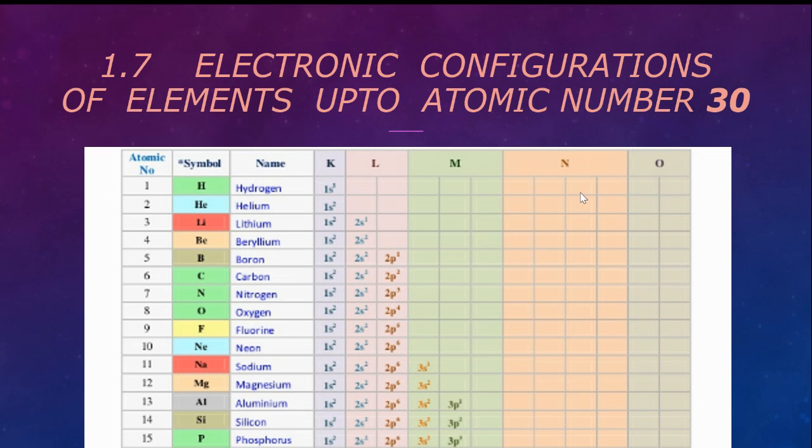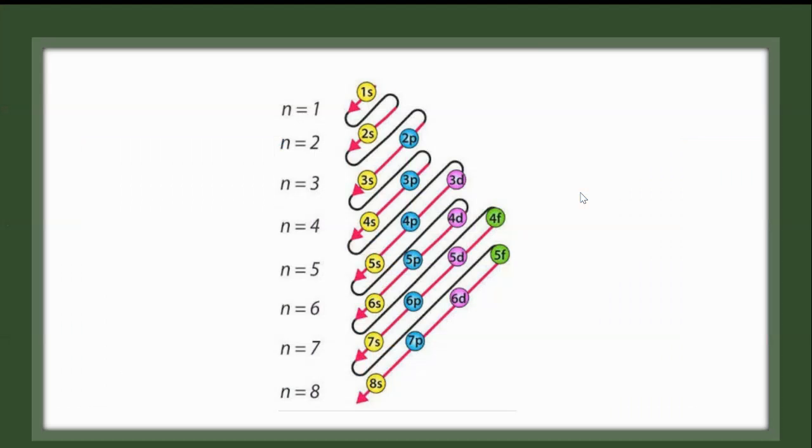To write the electronic configuration, the easiest way is following the Aufbau diagram. Using this diagram, we can write the electronic configuration of any element with a bigger atomic number. With this, we have completed these topics of the first chapter, fundamentals of chemistry.